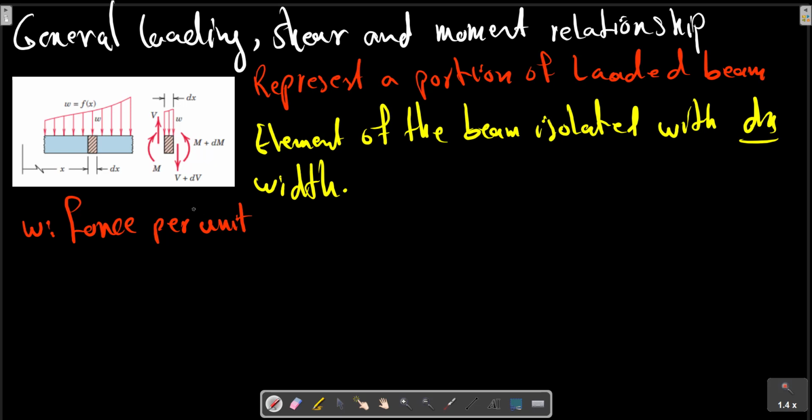At the location x, the shear V and the moment M acting on the element are shown in their positive direction at each point.